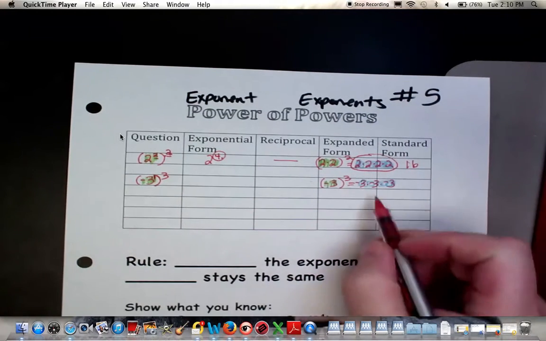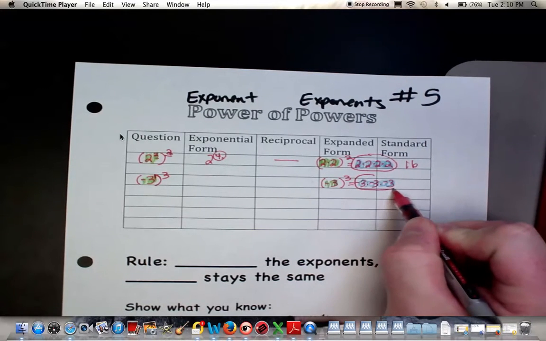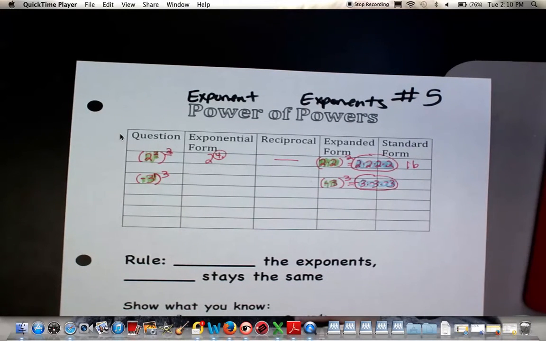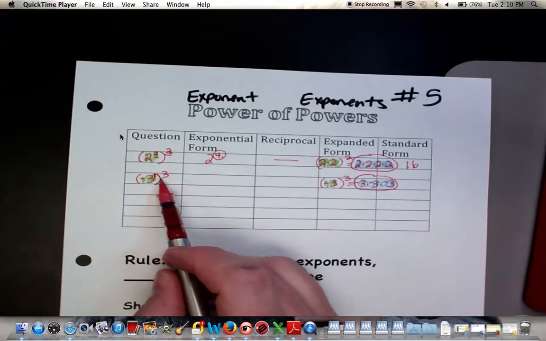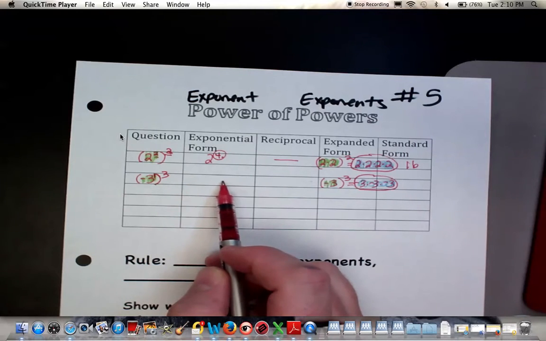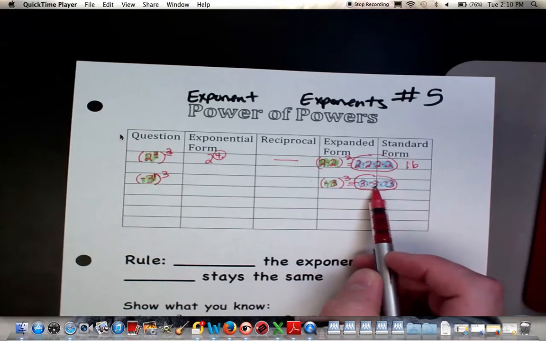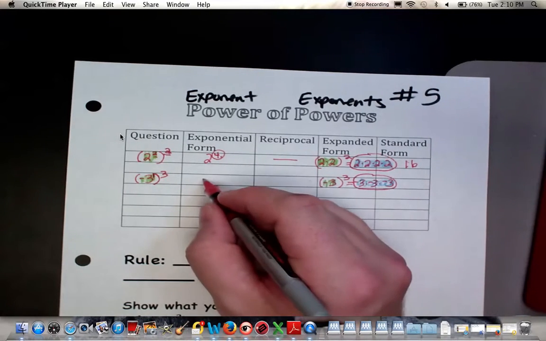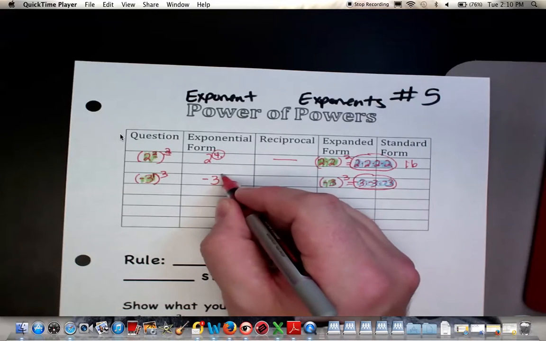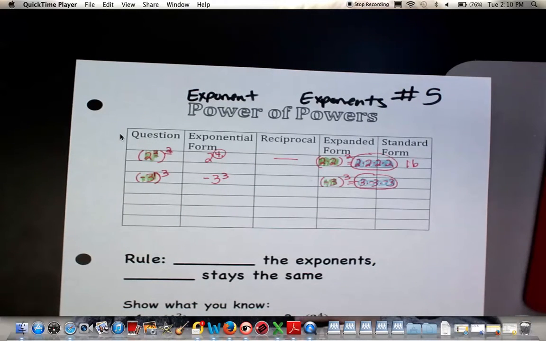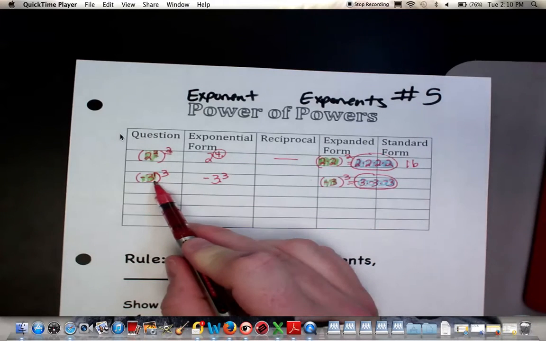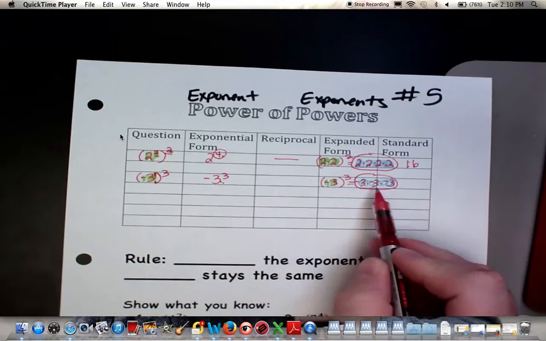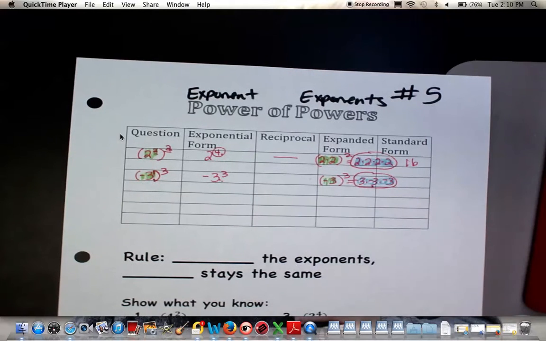So this expanded form, negative 3 times negative 3 times negative 3, is the same as negative 3 to the 1st power times negative 3. Let's get it in exponential form. Well, I have 1, 2, 3 3's, and my base is negative 3 to the 3rd power. So this is the same as this, and this is the same as this, so they're all the same.